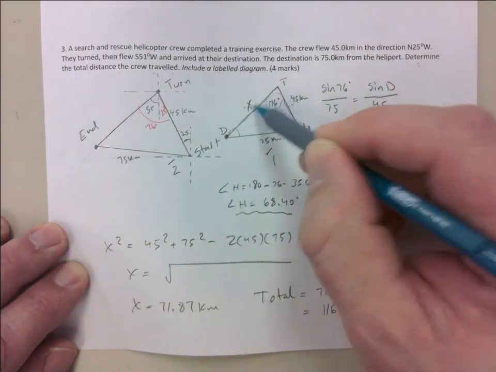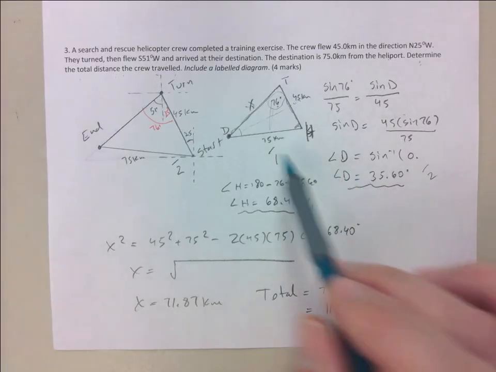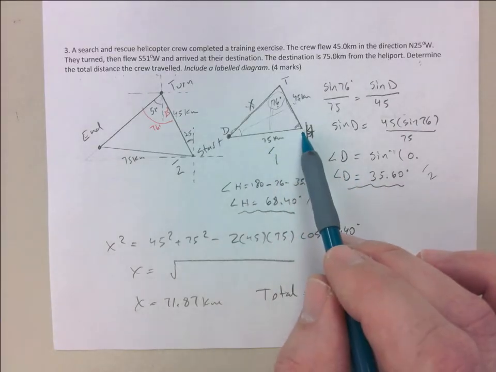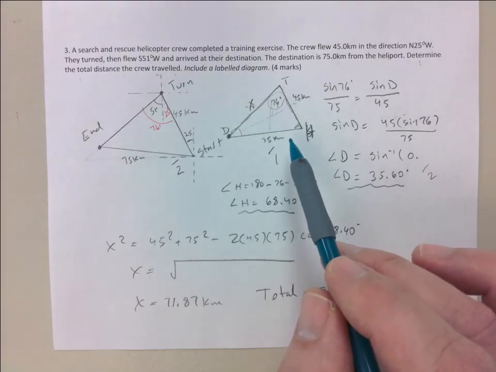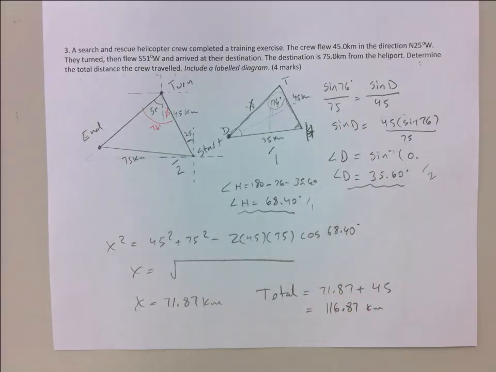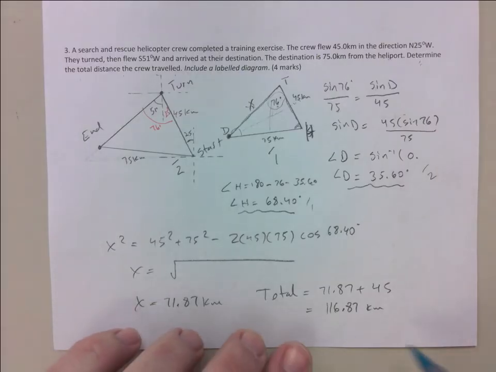So we need to add these two only. I guess, are you saying it went all the way back? Or if it's a round trip? I'll be specific. If it asks you how much was traveled in total coming back to the heliport, then you would want to add 75 as well. Good. That's a valid point.